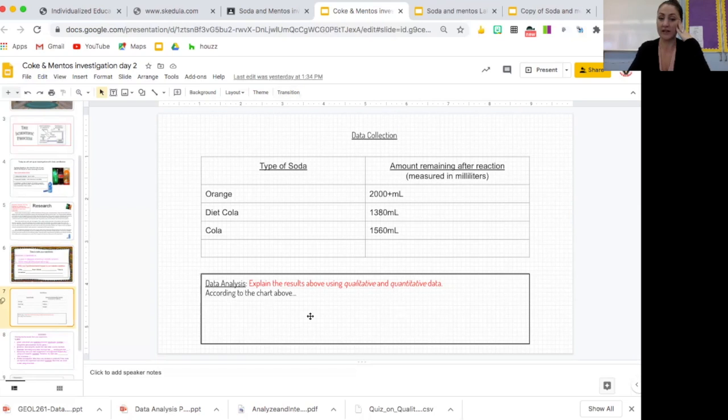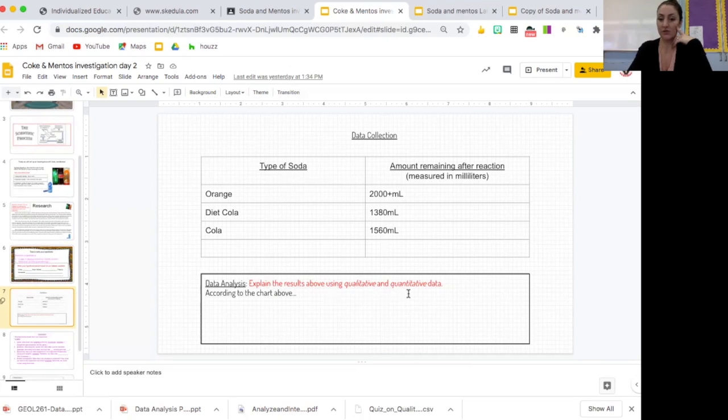Down here for your data analysis, we just want you to take this chart and explain what's happening. Okay, so you can explain qualitative, the orange soda the geyser did not go as high. The diet soda went much higher than both. That's qualitative, explaining what you saw using your observations.